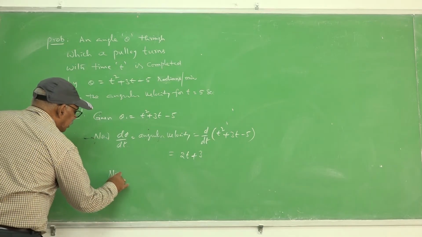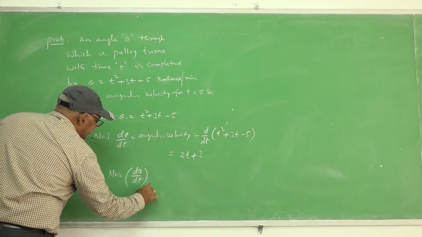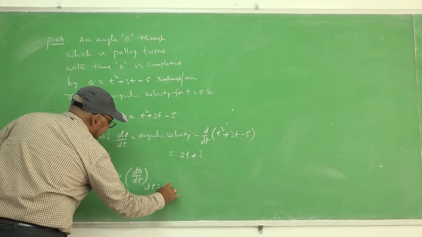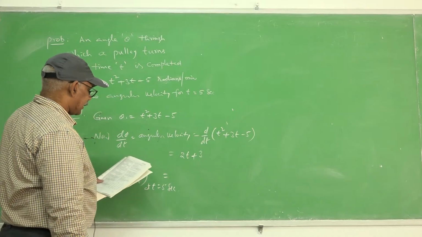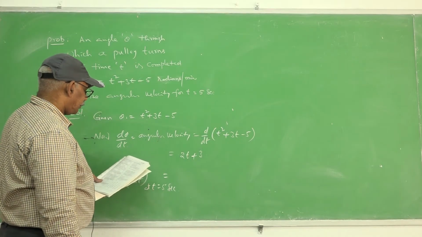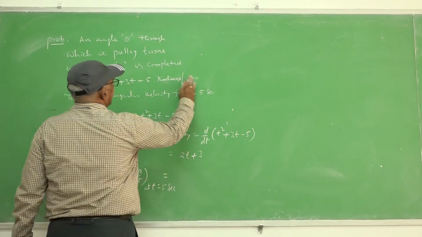Now, d theta by dt at t equal to 5 seconds. I thought that this is also for seconds, not minute.